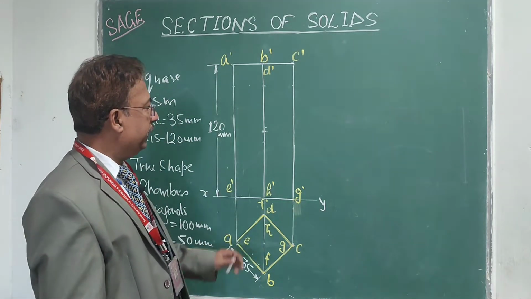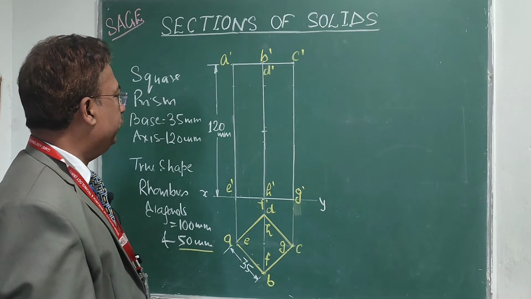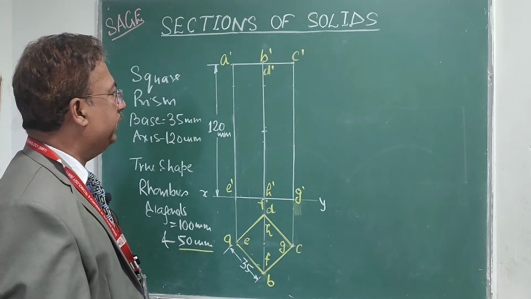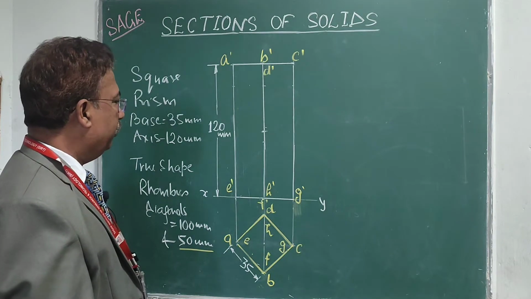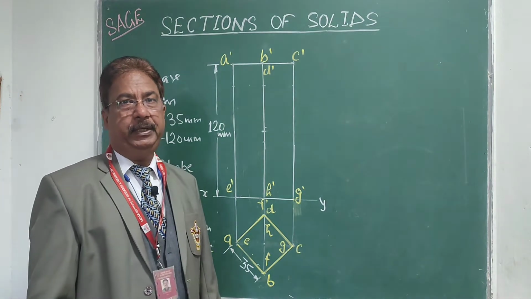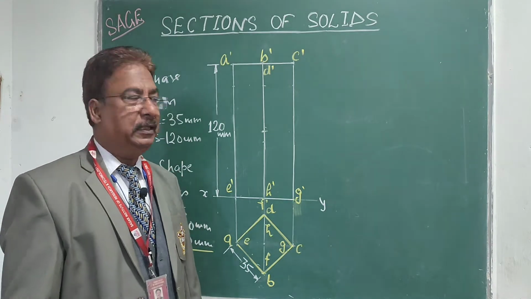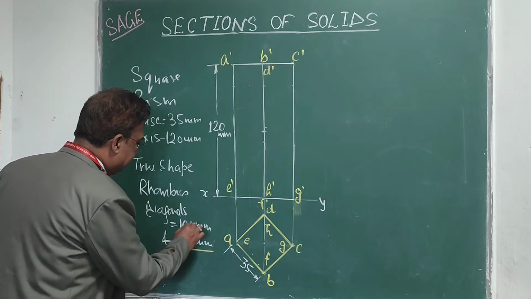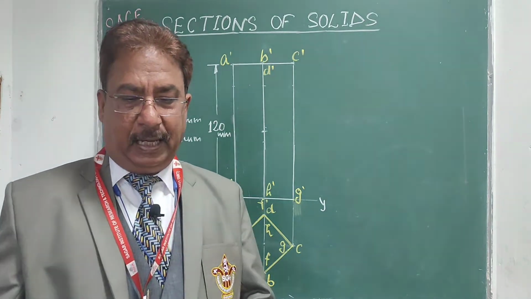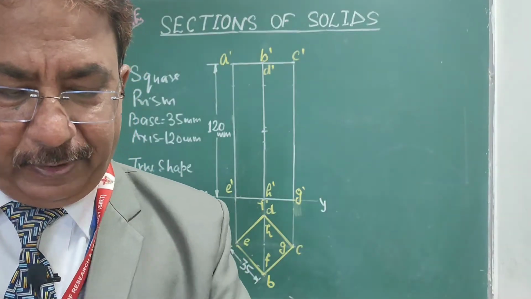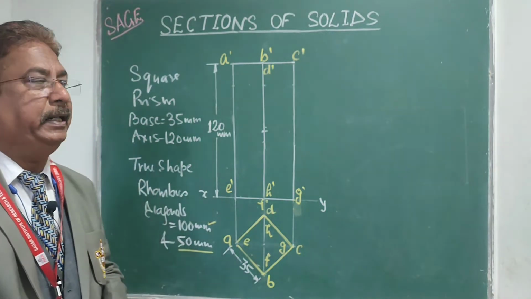So now we are going to cut this solid by an AIP which will be inclined to HP and perpendicular to VP, and as I want to get the second diagonal of 100 mm, I will take the length of the AIP equal to 100 mm.